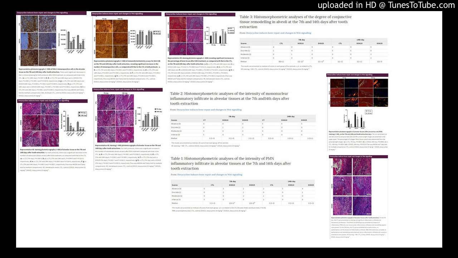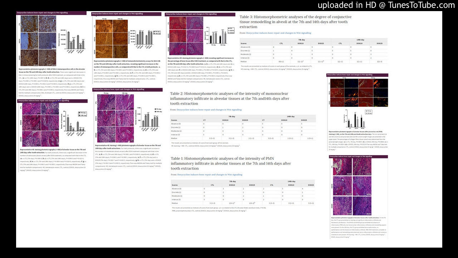Hematoxylin-eosin histological analyses. From each animal, different alveolar regions, coronal, middle and apical, and slices from the left hemimaxilla, with no tooth extraction, which corresponded to the same region of the first left superior molar, were obtained.